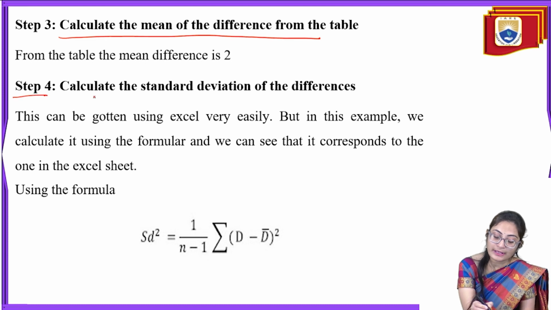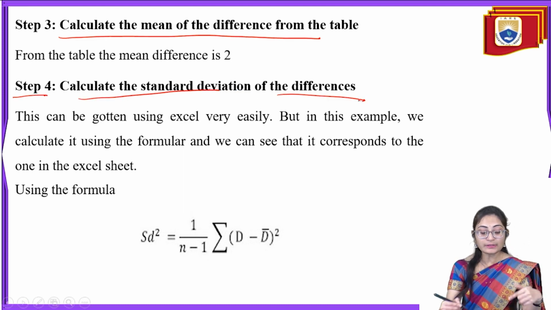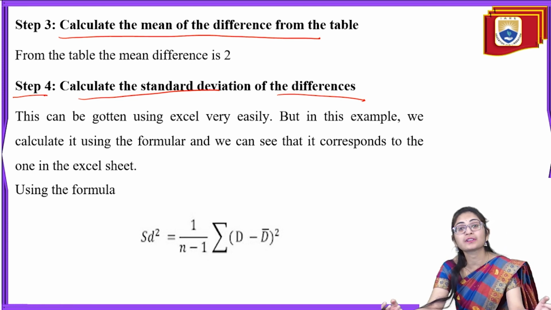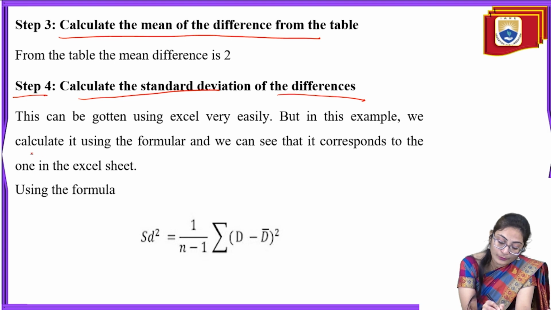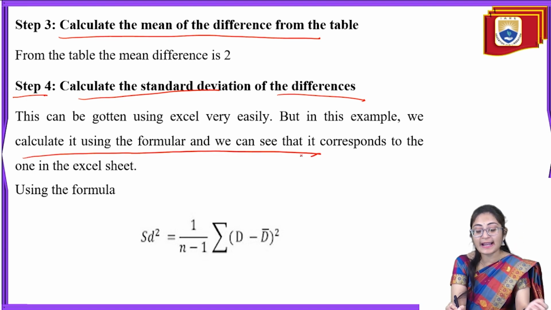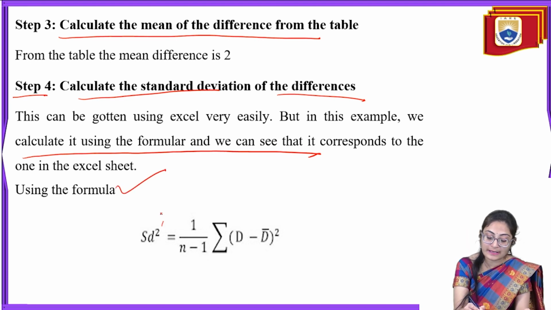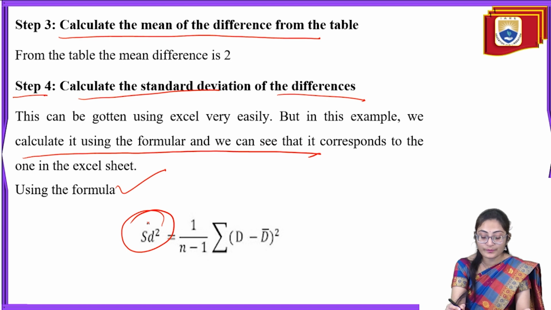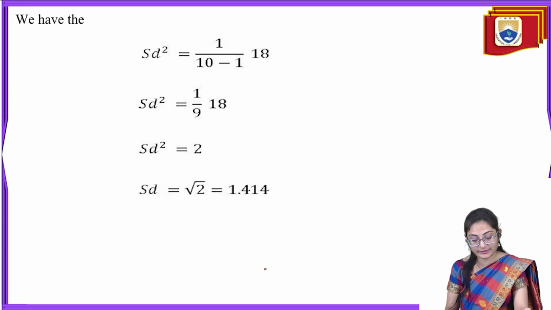Now step 4, calculate the standard deviation of the differences. This can be gotten using Excel very easily, but in this example we calculate it using the formula, and we can see that it corresponds to the one in the Excel sheet. Now you have to use the formula: standard deviation square is equal to 1 upon n minus 1 summation of (d minus d bar) whole square.